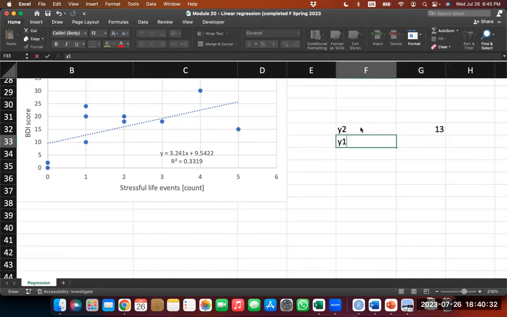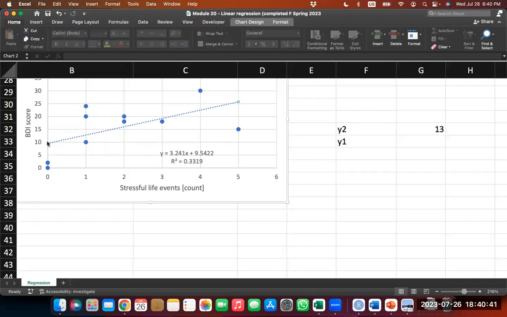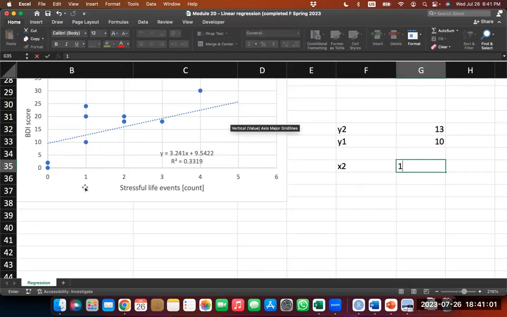My y1, my second reference point for the dependent variable, would be where it goes through the intercept. That's, let's say, 10, which I always know from here, right? So y1 is 10. Now I want to know an x2, the higher value of my x variable. That's 1. And then my x1 is 0.